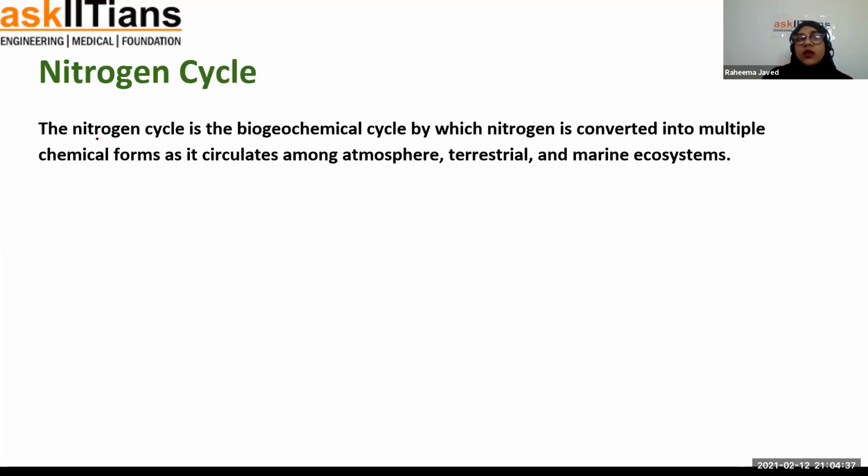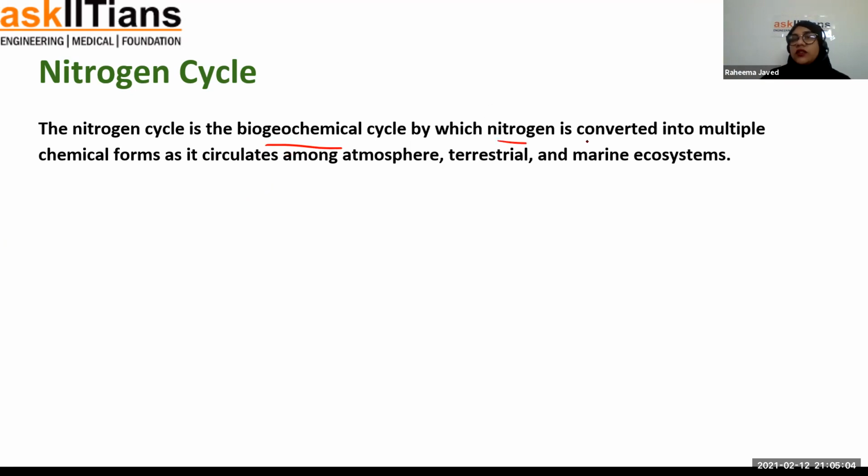How it is getting used up by the organisms, and from the organisms, how it is being returned to the environment, can be explained with the help of the nitrogen cycle. It is a biogeochemical cycle. Among the biogeochemical cycles, the nitrogen cycle is one of the most important.